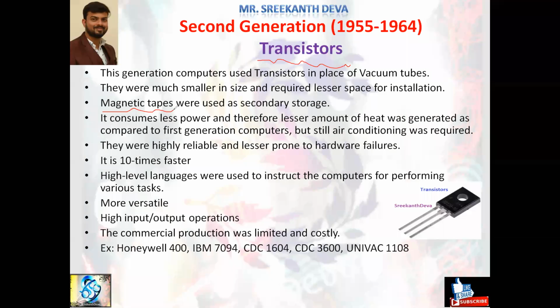They consumed less power and therefore less heat was generated compared to first generation computers, but air conditioning was still required. They were highly reliable and less prone to hardware failures compared to first generation computers. They were about 10 times faster than the first generation computers. Here, some high level instructions are given to the computer for performing various tasks. These computers were more versatile than the first generation computers.